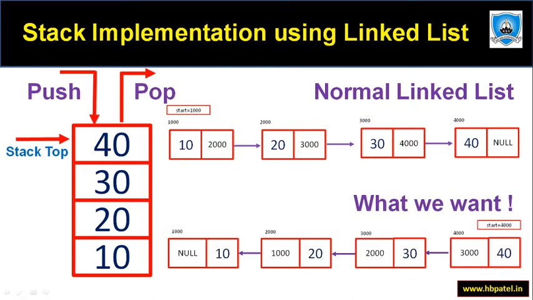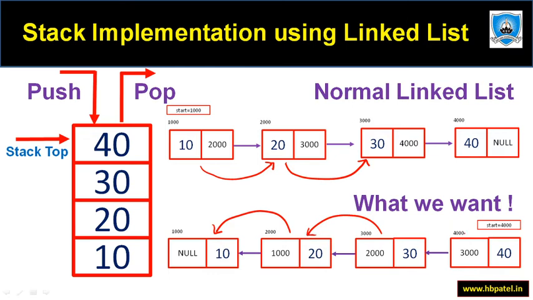So rather than this, if I have a linked list like this, wherein the first node, if my second node points to the first one, rather than second pointing to third one, if my third node points to second one, and if my fourth node points to the third one.